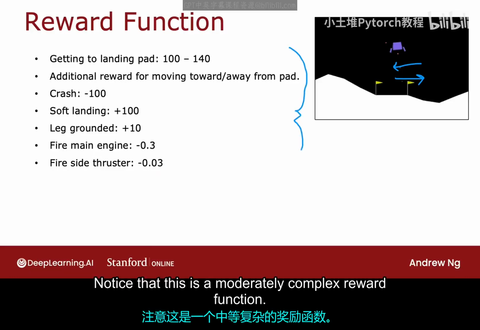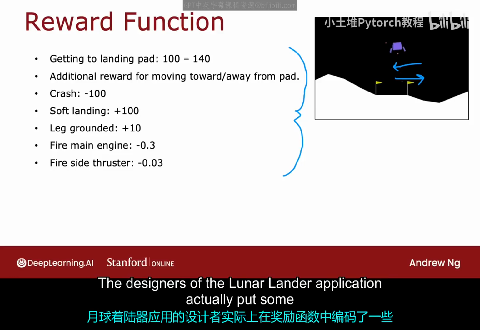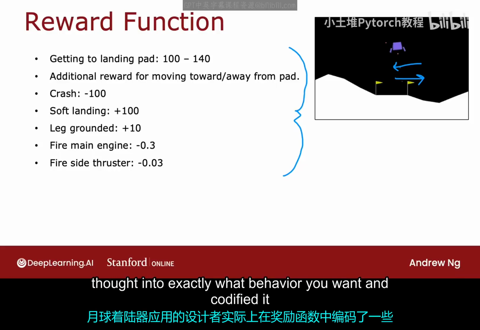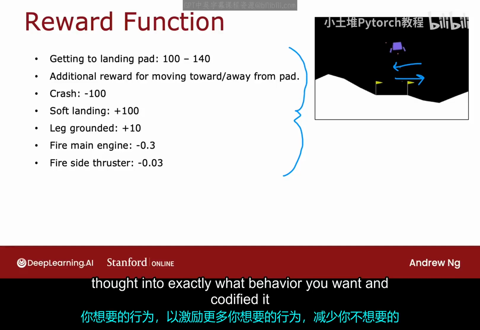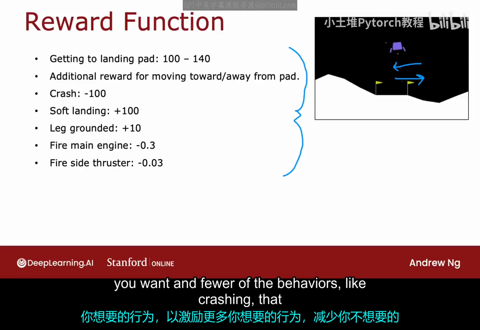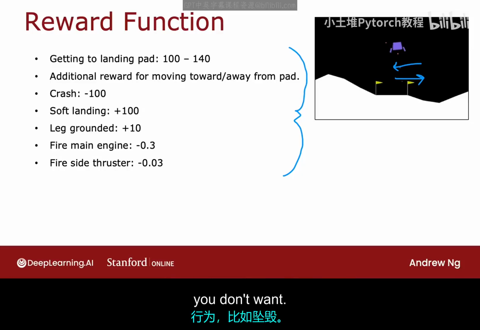Notice that this is a moderately complex reward function. The designers of the lunar lander application actually put some thought into exactly what behavior you want and codified it in the reward function to incentivize more of the behaviors you want and fewer of the behaviors like crashing that you don't want.